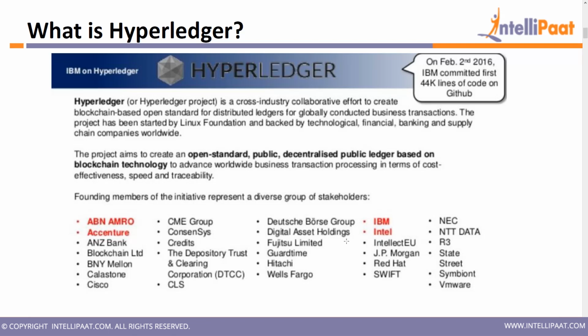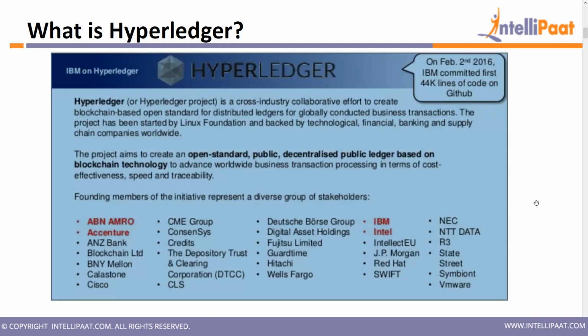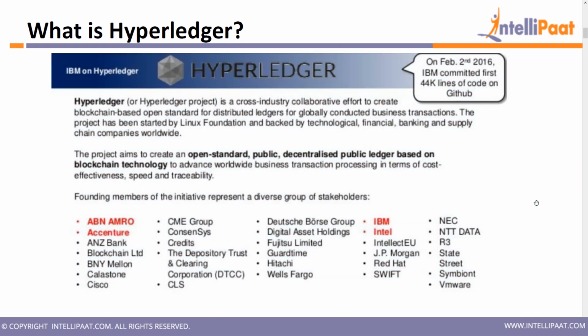You know all the big players. You know IBM, Intel, JP Morgan, Intellect EU. Even Red Hat, Swift. You can see all big names participating and coming to a common platform to make Hyperledger more useful, and everyone is even coming with their own versions of Hyperledger. Like Intel has Hyperledger Sawtooth, IBM has Hyperledger Fabric, like this.